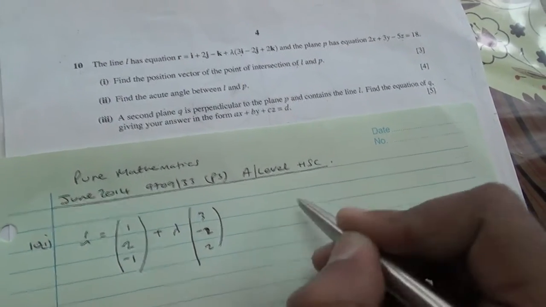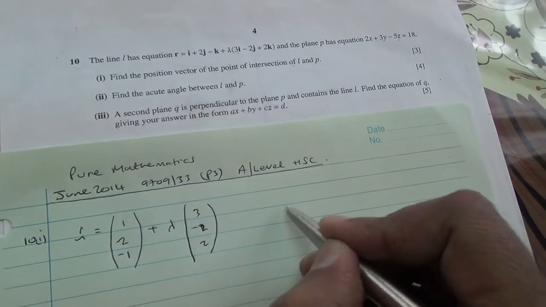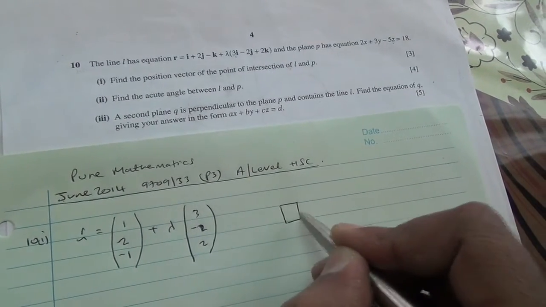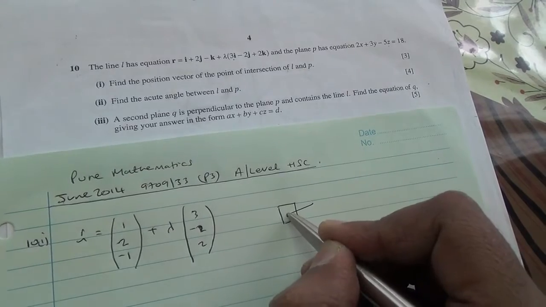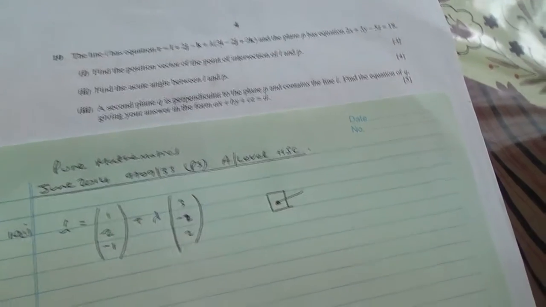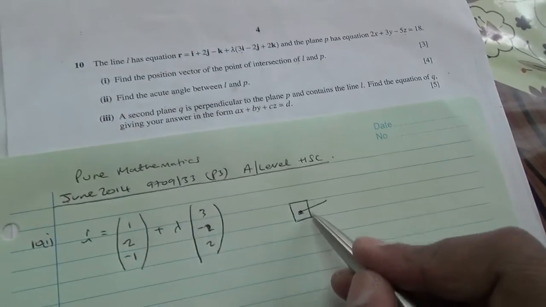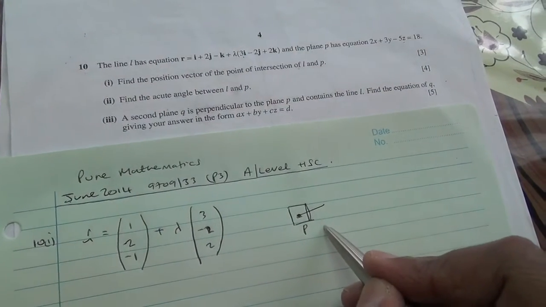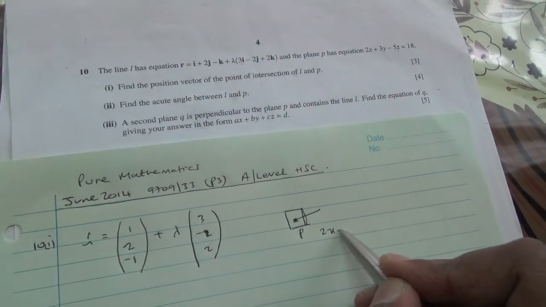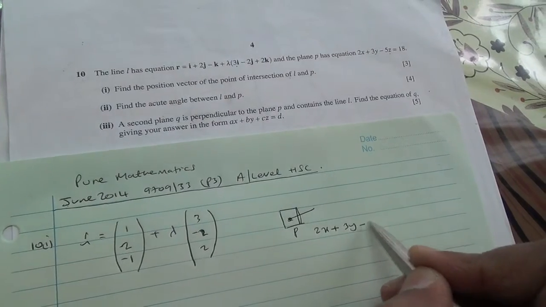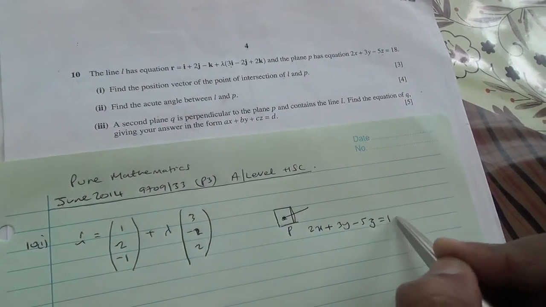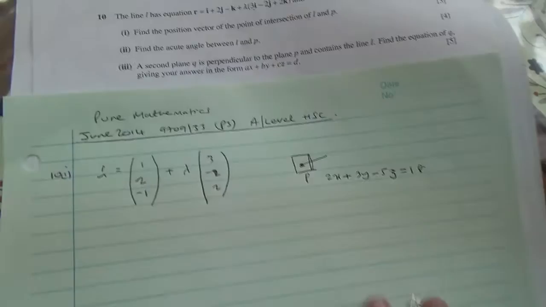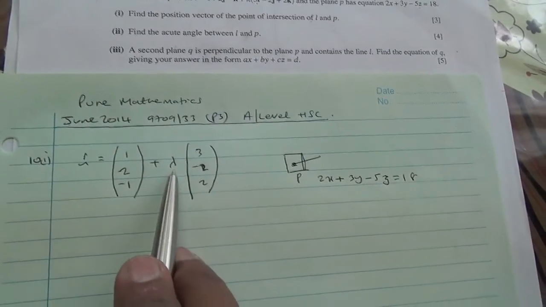Then you have a plane, and this is the line that meets the plane, that's the point of intersection. This plane P has equation 2x plus 3y minus 5z is equal to 18. Now first of all, I'm interested in finding lambda.